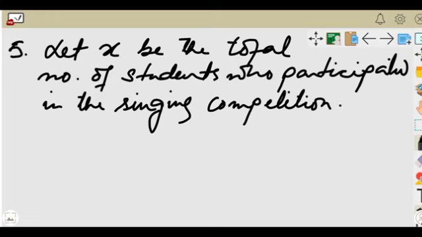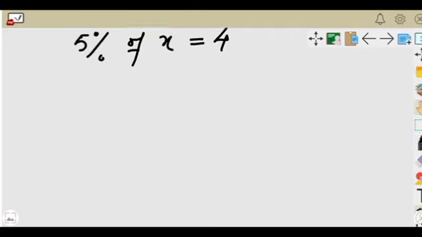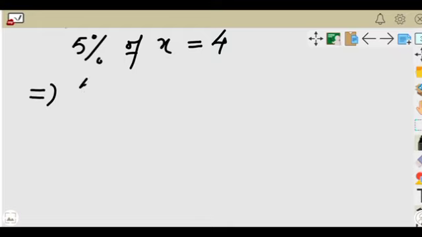As per the question, 5% of the total number of students is 4. So 5% of x is how much? Is only 4. Okay, I'll drag the screen. 5% means nothing but 5 divided by 100.